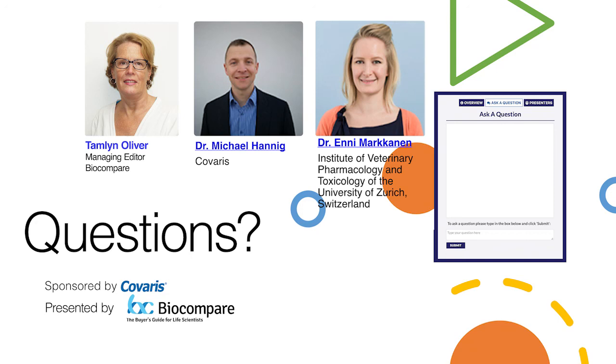Michael, we actually do have one more question for you. As long as you're still there, how long is the extraction method? Yes, I'm here. How long it is depends a bit on, of course, the kit itself, so whether you want to extract RNA and DNA, or only RNA or only DNA.